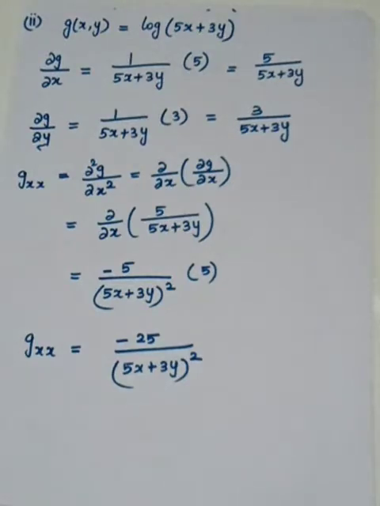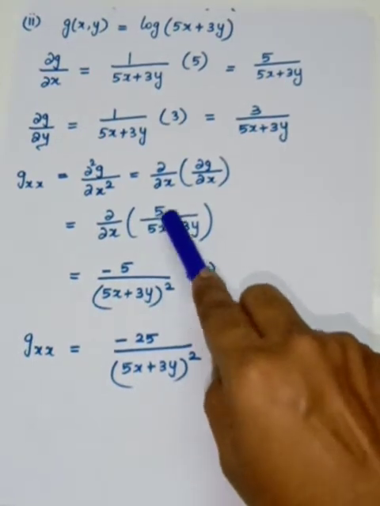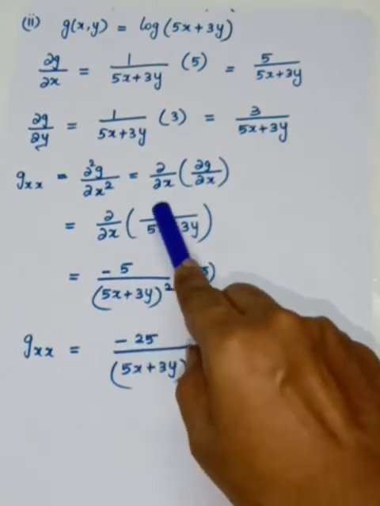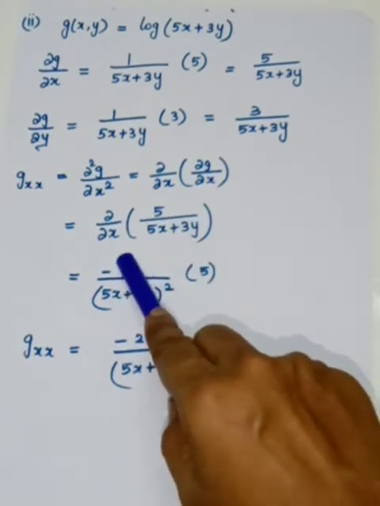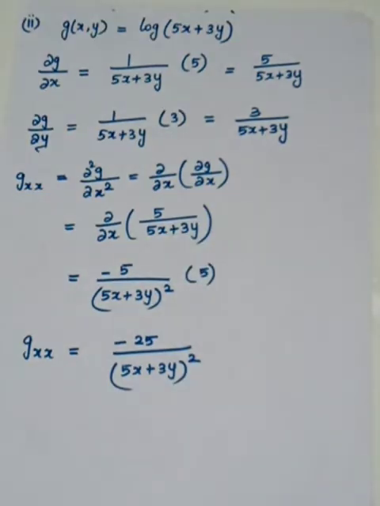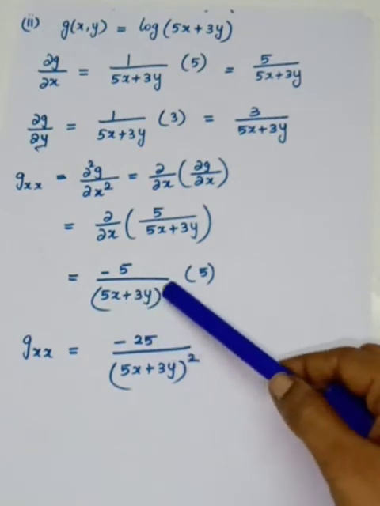So see that what you have to do here, this term has to be differentiated partially with respect to x. Okay. See, 5 is a constant. I have written as it is. It is in the form of 1 by x. The differentiation of 1 by x is what? Minus 1 by x squared. So I have written x squared.